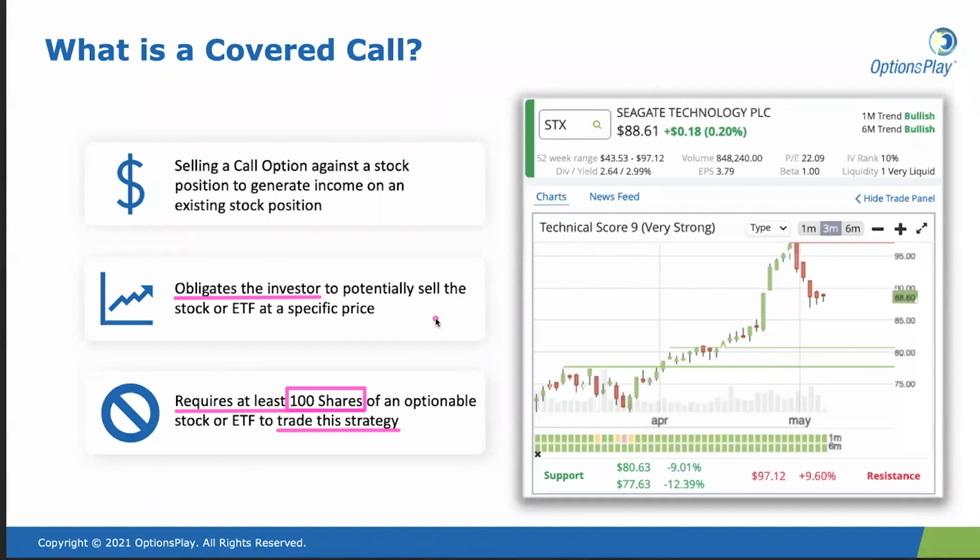Now, you can't sell stock that you don't have, which is why you must own at least 100 shares of an underlying stock before you can sell a covered call. So that's one of the limitations of selling covered calls. You cannot do it on stocks that you own 10, 20, 50, 99 shares of. It has to be at least 100 shares, and you can only do this in 100 share increments. So if you have 150 shares, you can only sell a covered call on 100 of those shares. So the other 50 shares are not technically covered.